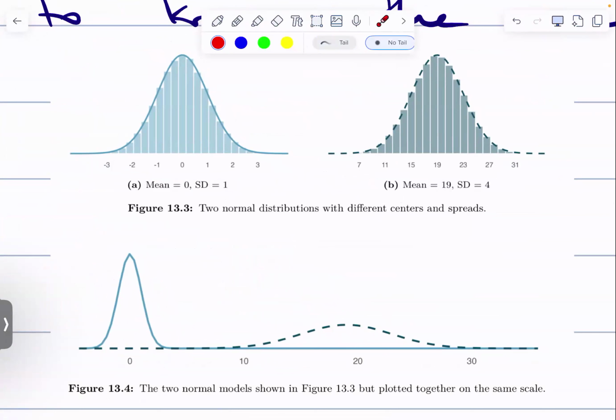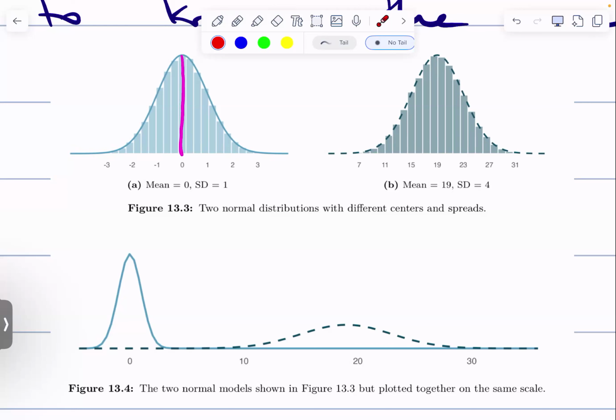So here we have a normal distribution. So both of these have the same shape, right? And this first one is centered on 0. And what we said, thinking way, way back, if we have a normal distribution, then the best measure of center is the mean, right?